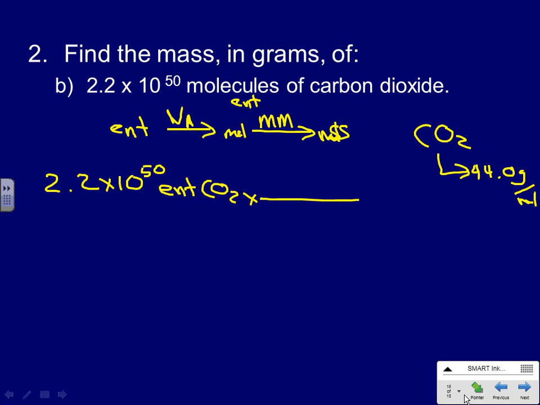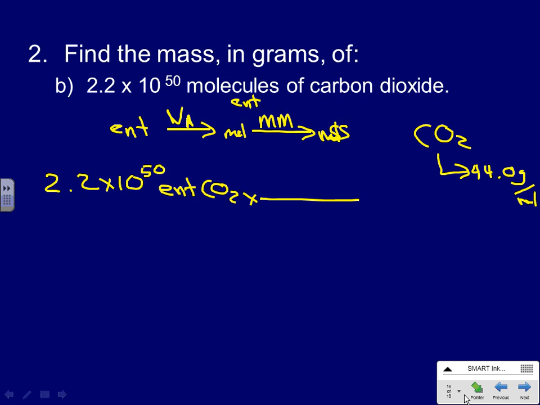What's going where in my next conversion factor? If I put the 6.02 times 10 to the 23 over 1 mole, I will have mole on the bottom, and I will not be able to cancel out entities.